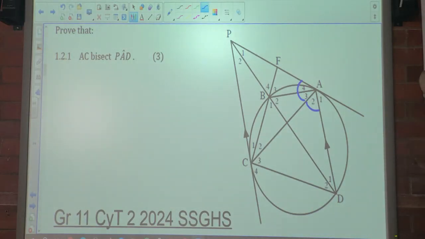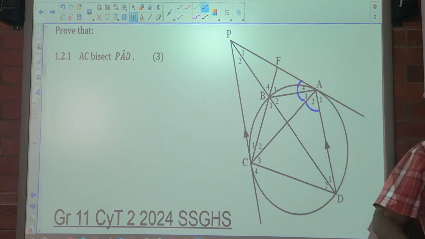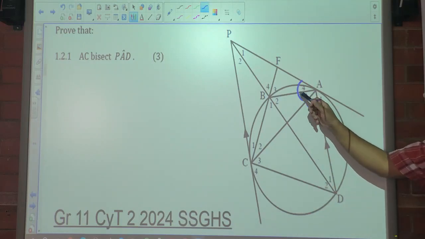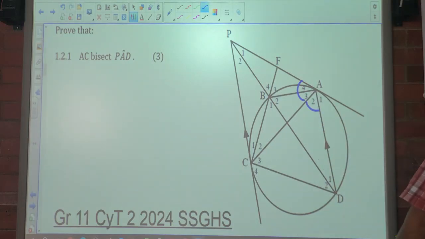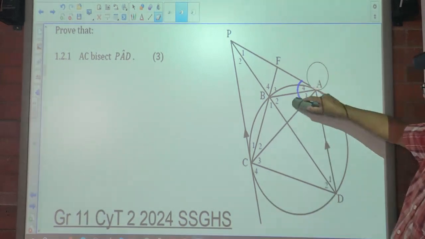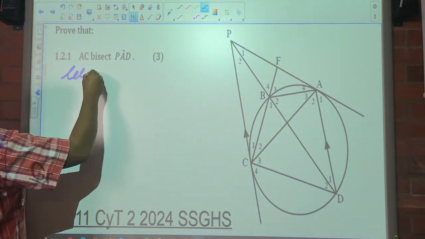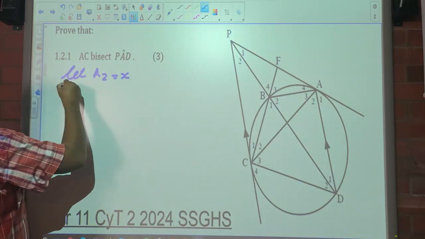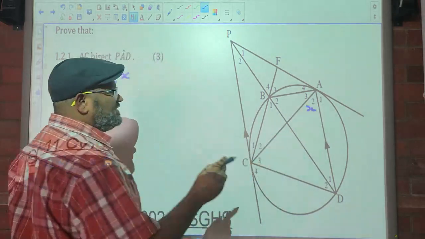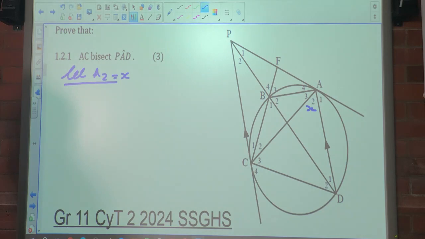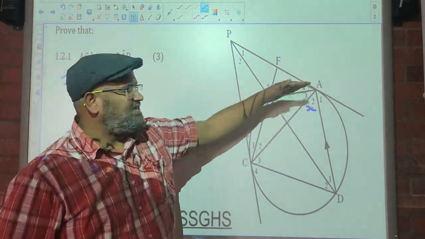Now some of you started with B2 being X. For what? You must start with one of these being X, people. So what do I say? I say let A2 equal X. Which other angle is equal to X?